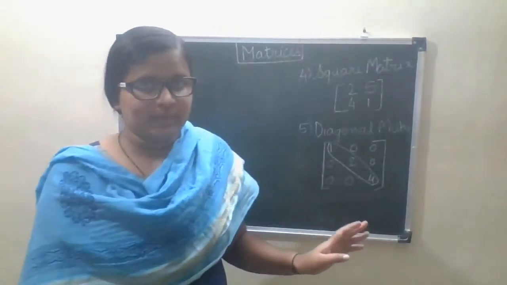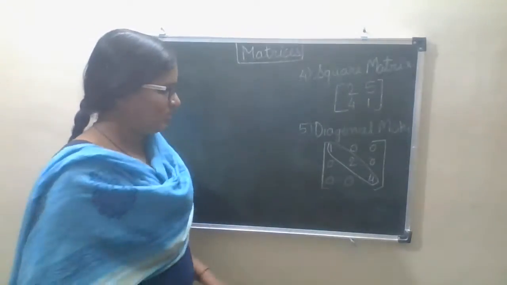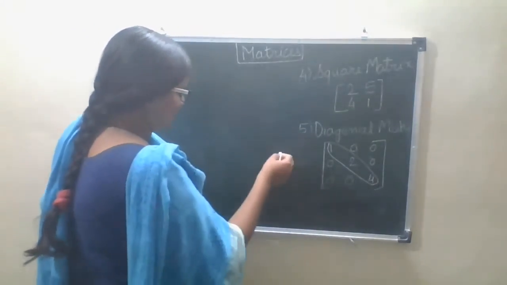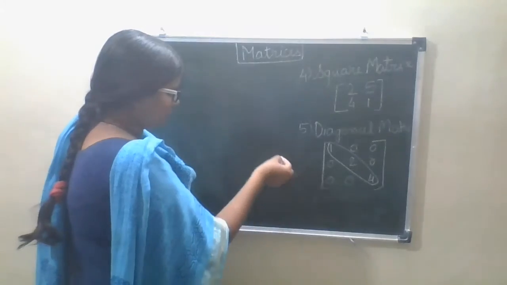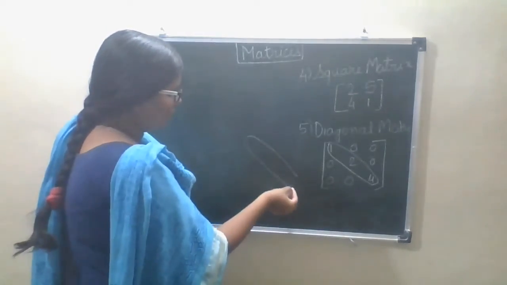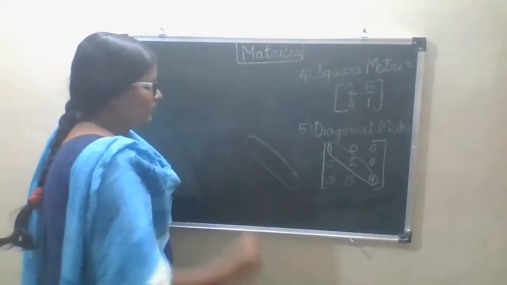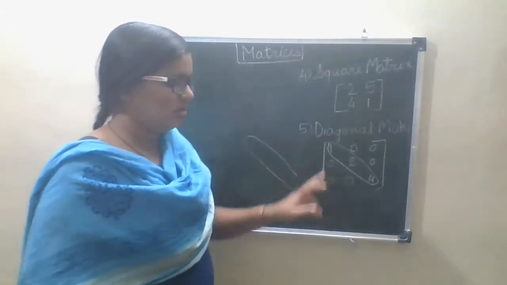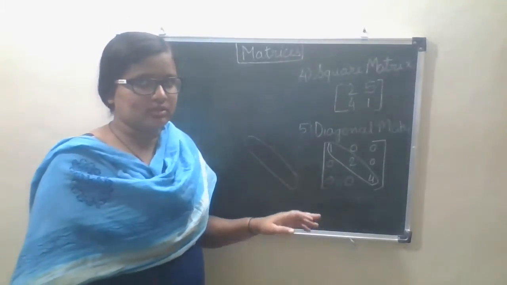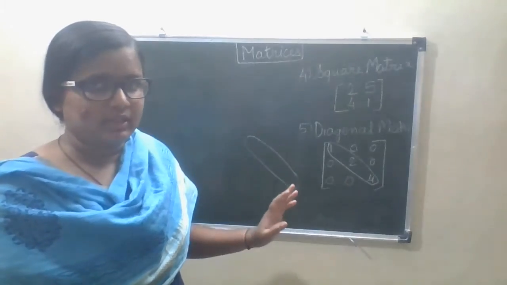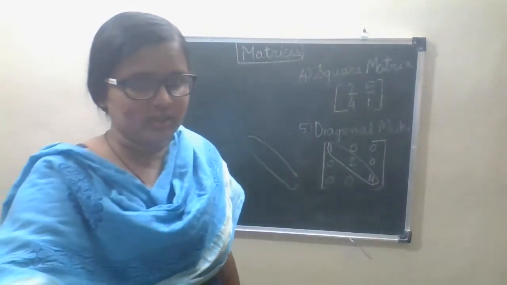Understood? Except for the diagonal, the elements are zero. This is called a diagonal matrix. Only this much will be the numbers or digits. Got it?